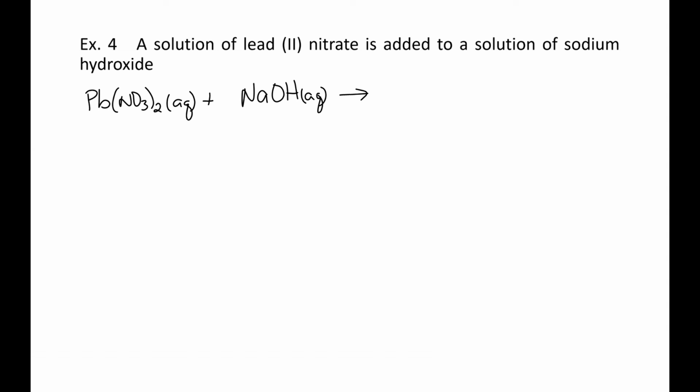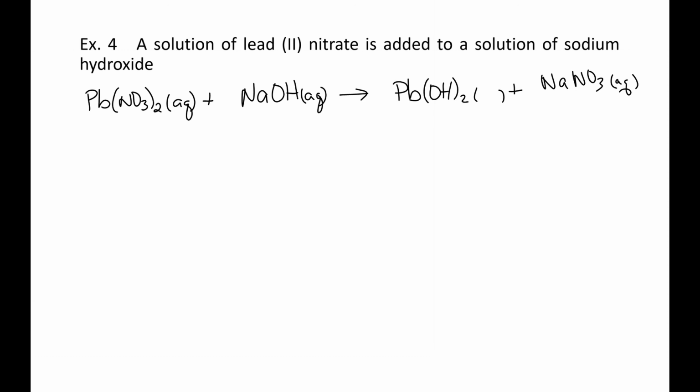Remember, the lead is lead 2, so it's got to have a +2 charge. So we'll put the lead first. It's going to be lead 2 hydroxide and sodium nitrate. From the very first example, we know that sodium nitrate is aqueous. So it's a matter of looking up the lead hydroxide.